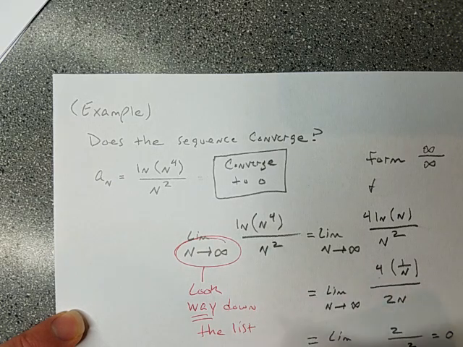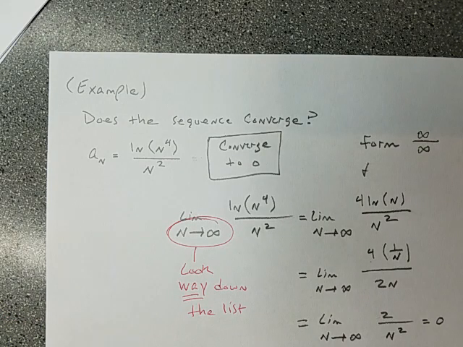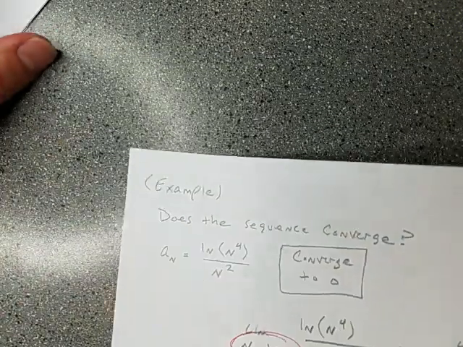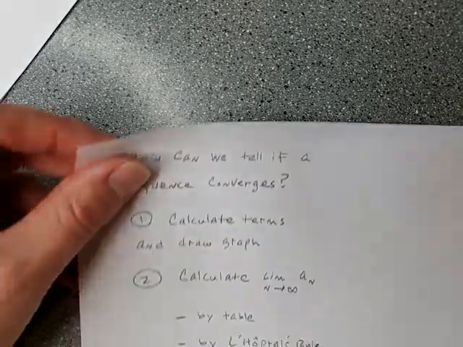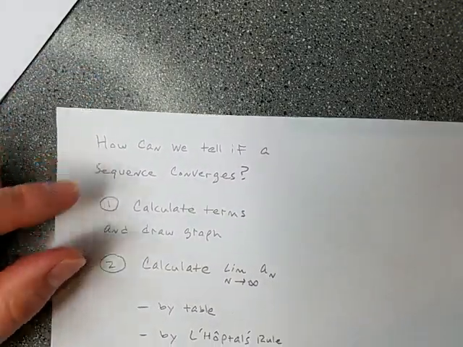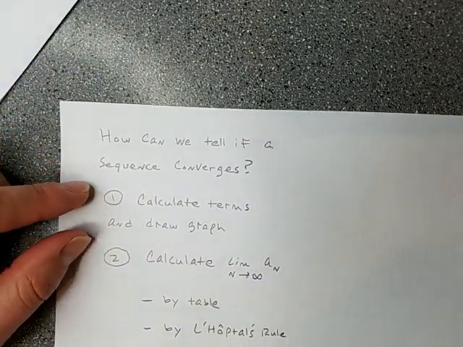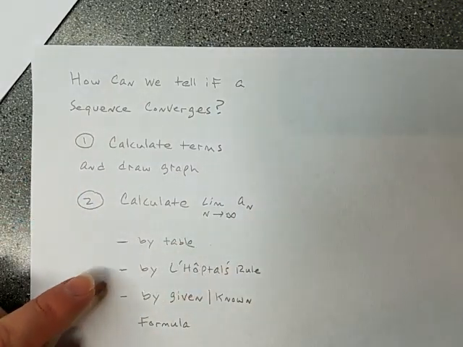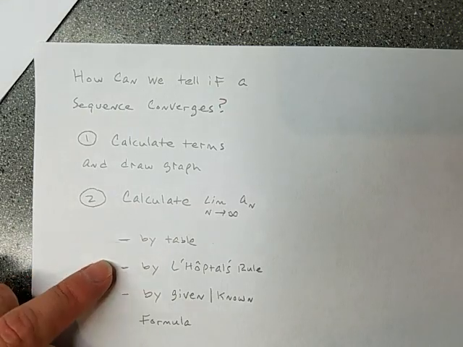A sequence is a list, and that's what we're seeing way down there. That's one way you could think about it. Now, whenever I started telling you about how we're going to do limits, I said you can use the graph, like I showed you. We can make a table to do the limit. We can use L'Hopital's rule, so I've showed you both of those.